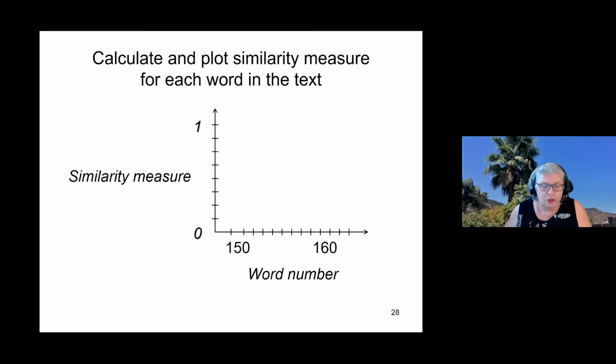All right, so if we wanted to see this as a graph, which we could do, it's going to be pretty, I promise. The similarity value will be between 0 and 1 at all times. That's, again, 0 overlap or 100% overlap, let's say. And so I would say the 150th word has a 0.1 similarity measure, the 151st word 0.2, the 153rd word 0.3.